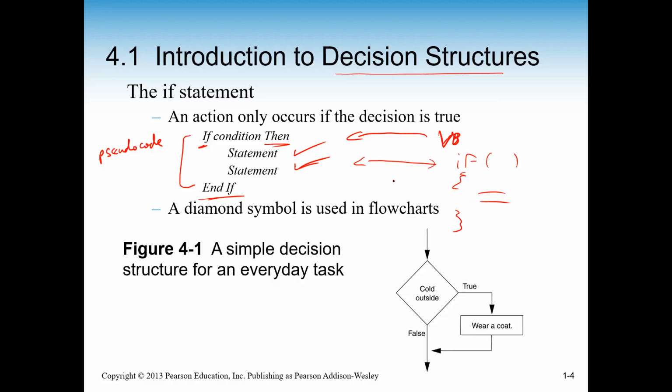So the idea of a then and the idea of an end if is just these curly brackets. Probably draw this a little bit. The curly bracket on your keyboard. That's in C, C++.